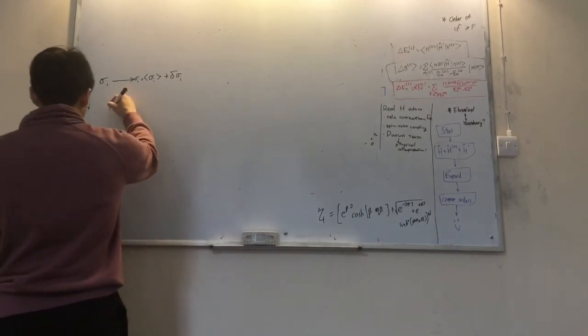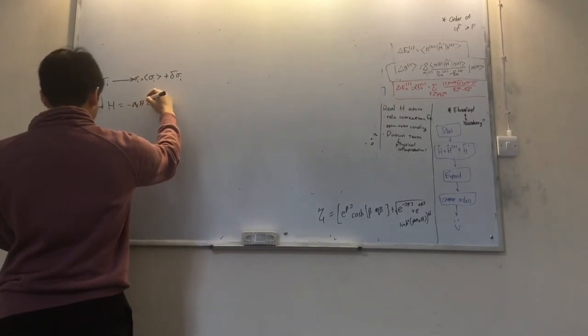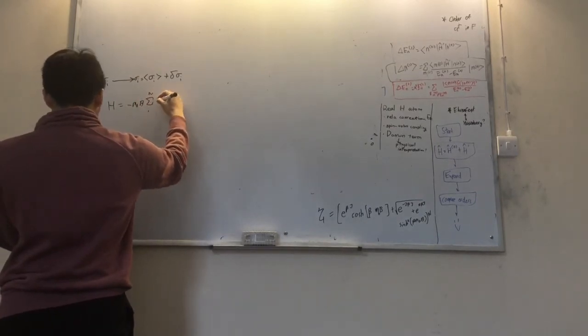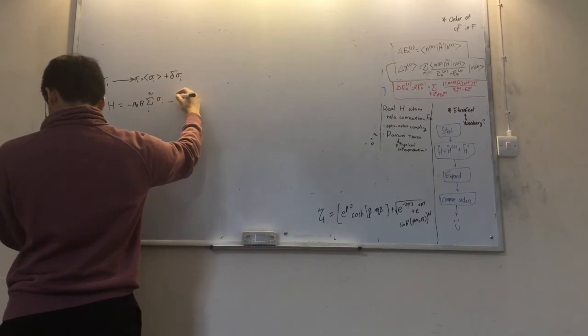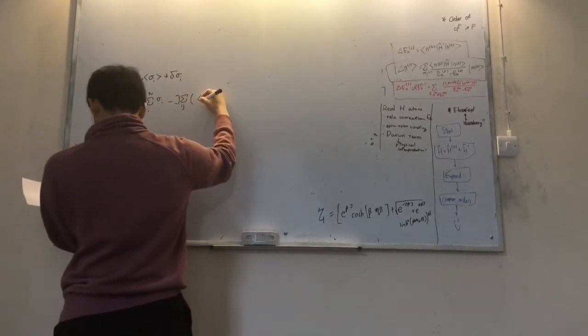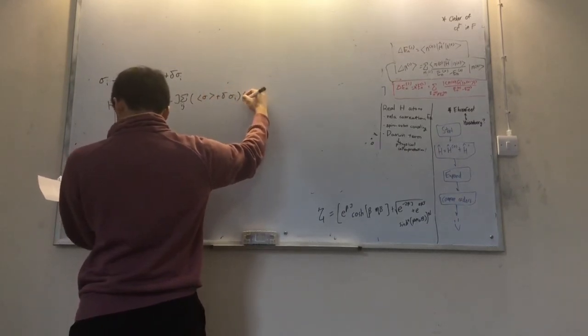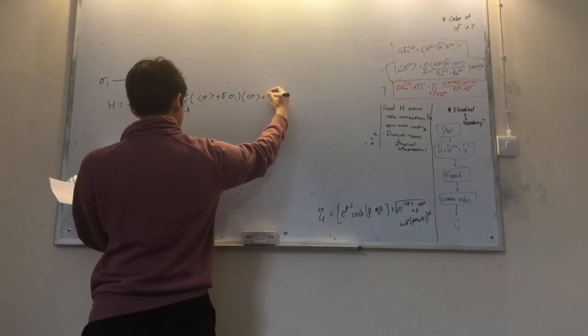So the pair interactions become (mean sigma plus delta sigma i)(mean sigma plus delta sigma j).